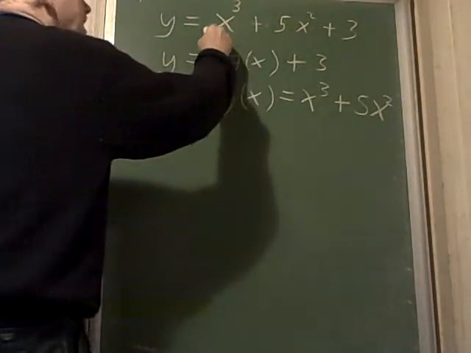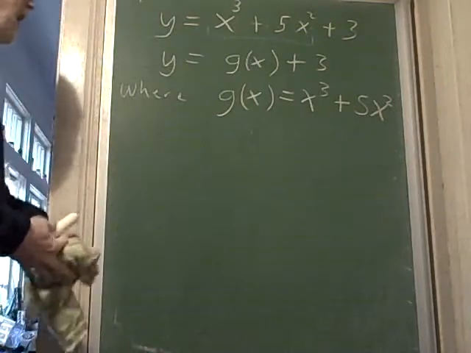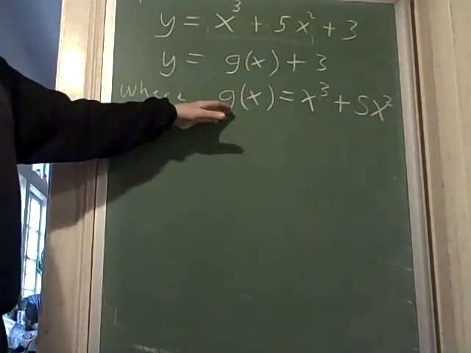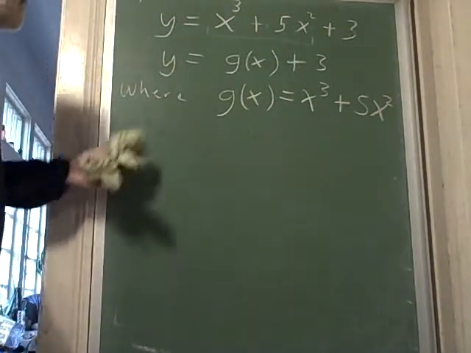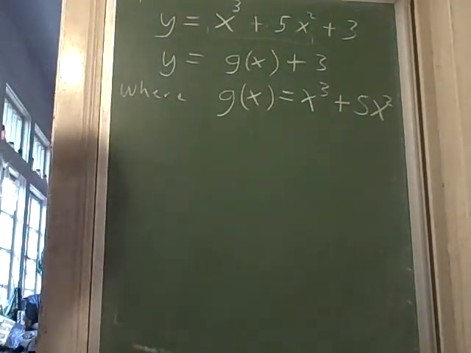Where g of x is this part. Now we can graph g of x. And if we can graph g of x, we just have to raise it up 3. And that's the basic procedure here.